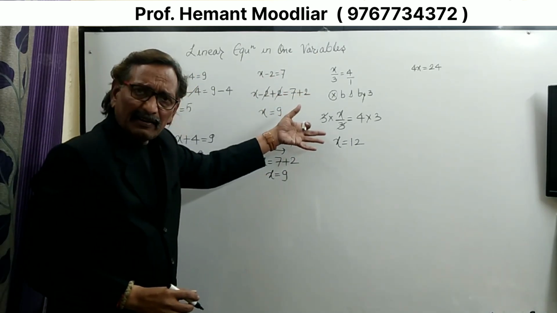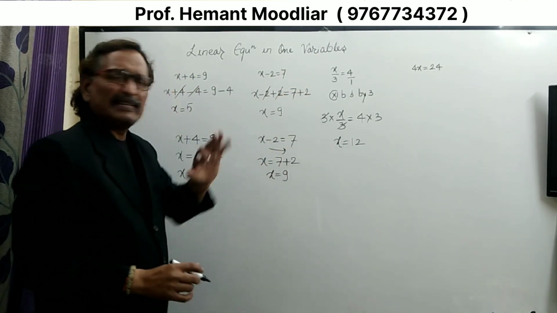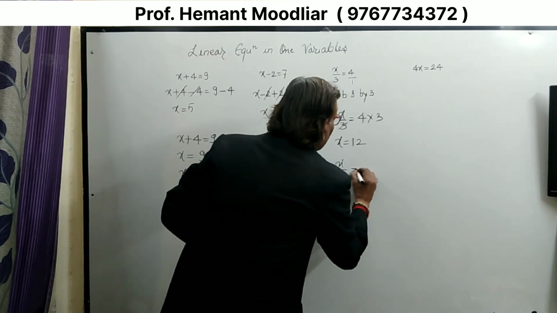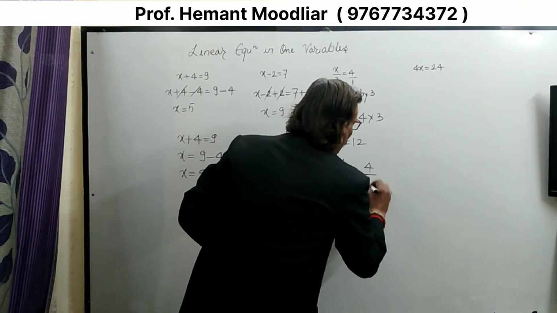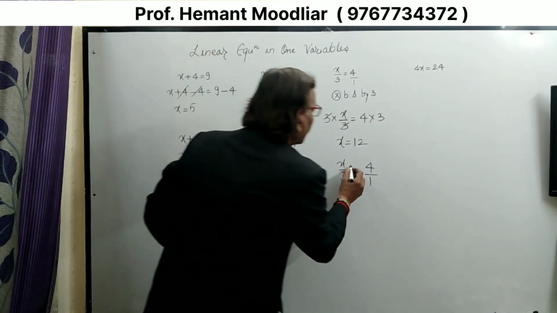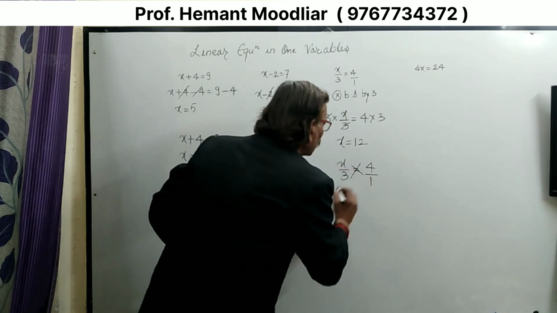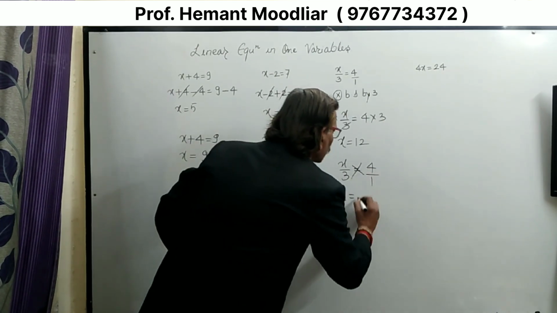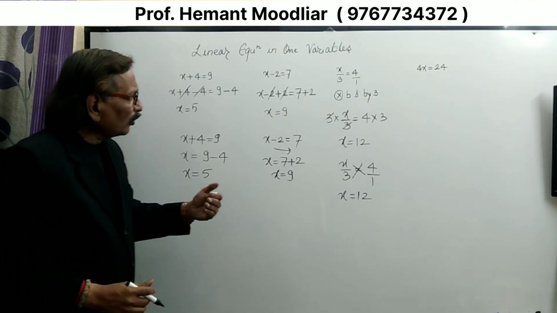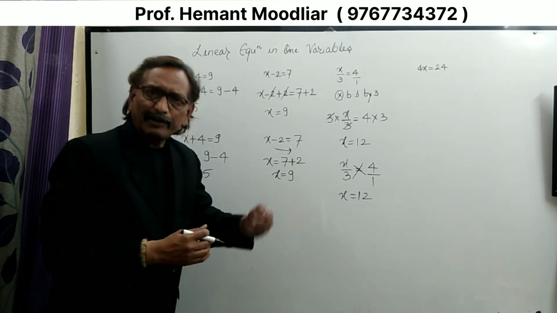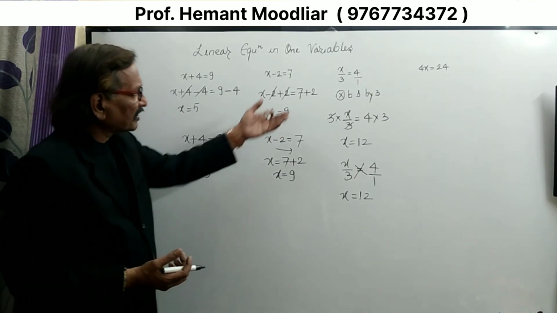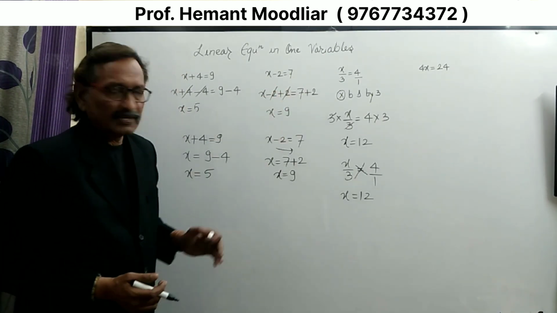This can be made easy by a simple step. X upon 3 is equal to 4 upon 1. Just cross multiply it. What do you get? By cross multiplication, x into 1 is x and 3 4s are 12. I told you that when you go on solving this kind of questions again and again, it becomes a habit and you start jumping few steps.